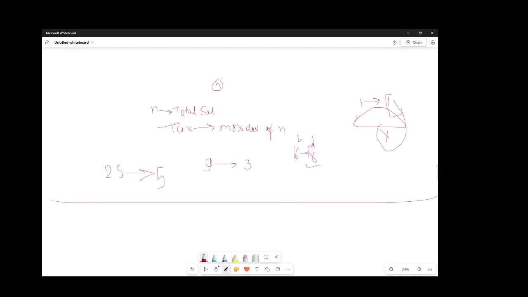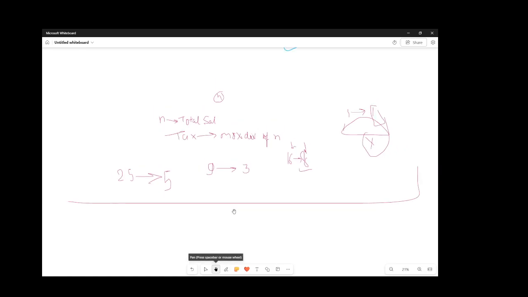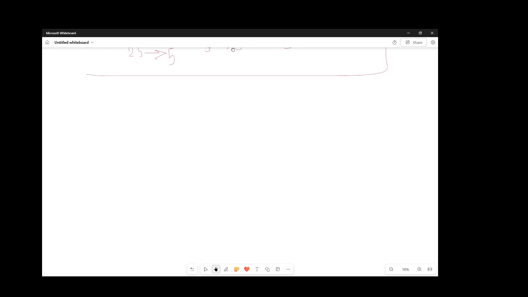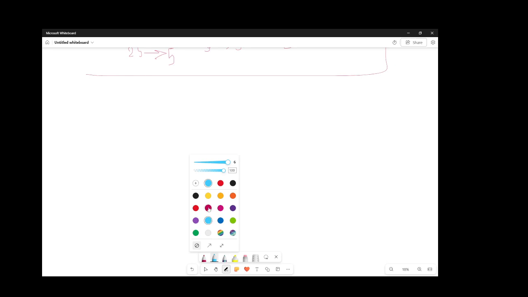Done till now. So what we are trying to do is split n across different n's that add up to n.